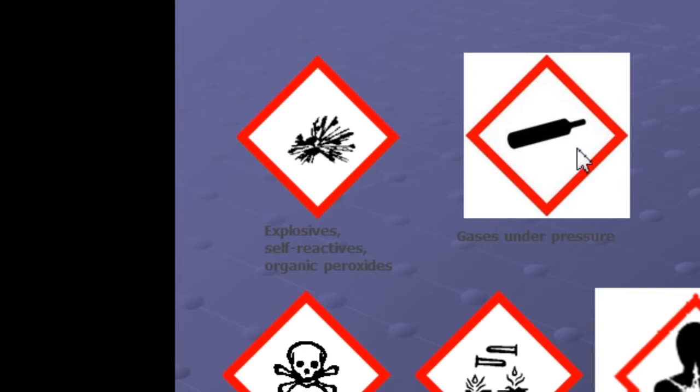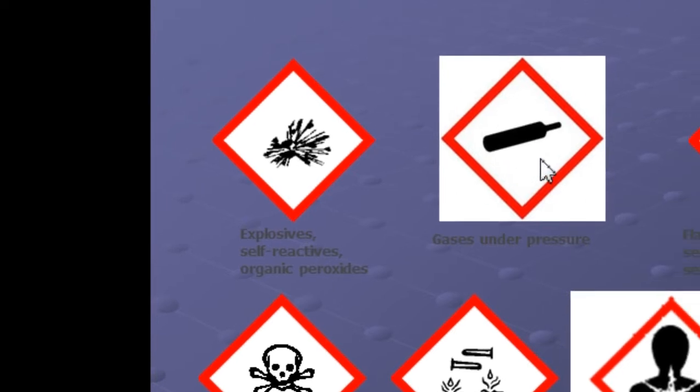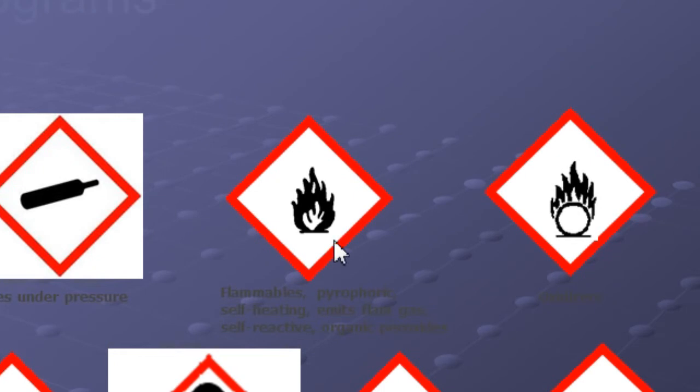That's supposed to be a picture of a gas cylinder, not a paddle, or, as someone else mentioned before, it looked like a rolling pin. But now that is your gas under pressure. This is your flammability. Pyrophorics might be under this. This one is an oxidizer, so you can see the difference: the O with the line. That O with the line means it's an oxidizer.